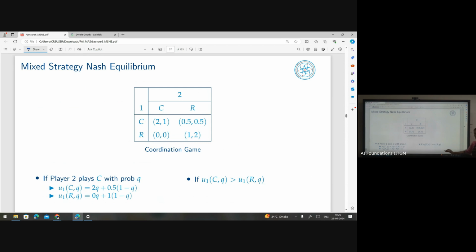It will go for C, because given the randomization that player 2 is doing by picking Q, the utility that agent 1 gets by playing C is always more than R. So it will always play C. There is no incentive for it to randomize. Similarly, the other way around. If U of R is greater than C, then it will always play R. Right? So what should these values be? They should be equal. Unless they are equal, player 1 is not going to randomize.